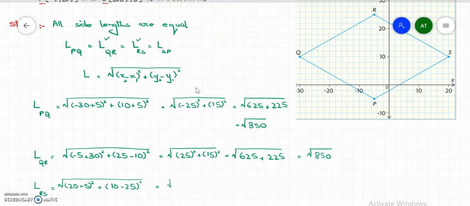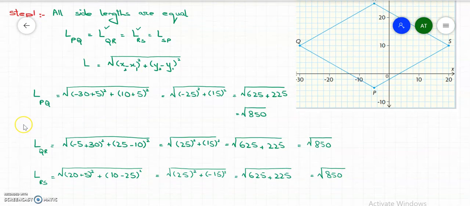Again, 20 plus 5 is 25 whole square, plus 10 subtract 25 is negative 15 whole square. 25 squared is 625, and negative 15 squared is positive 225. We add both of them, and that is equal to 850. We have got the third side length also equal to square root of 850.